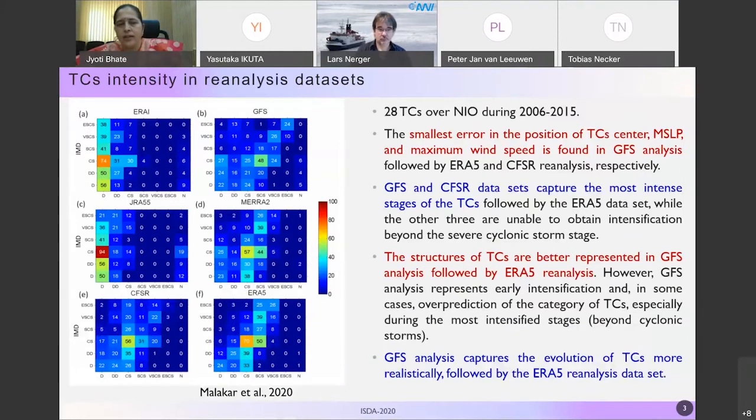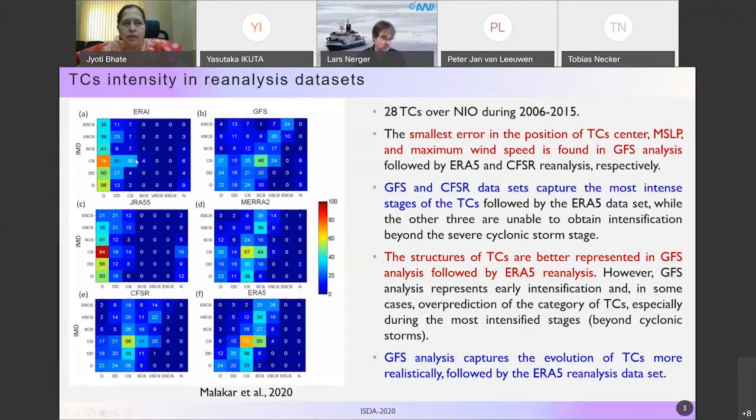Before starting this study, we have done some rigorous analysis of how the tropical cyclone intensity is represented in various reanalysis data sets. We have taken 28 tropical cyclones over the North Indian Ocean during the period 2006 to 2015. This is the contingency table seen on the left in the slide.